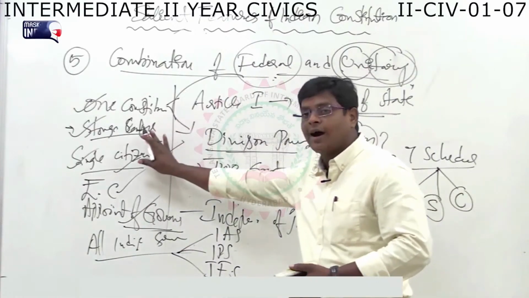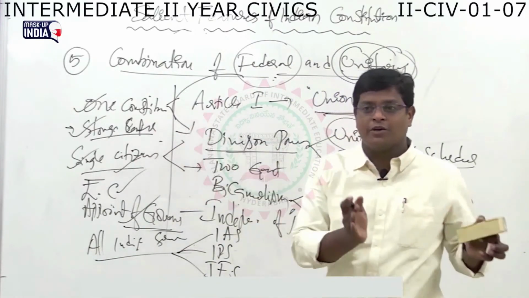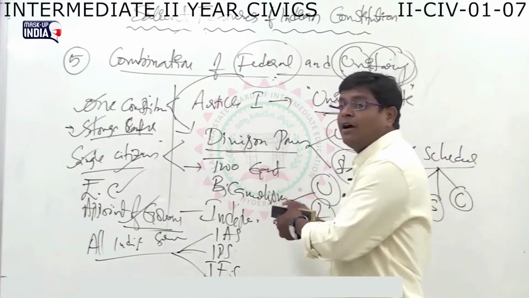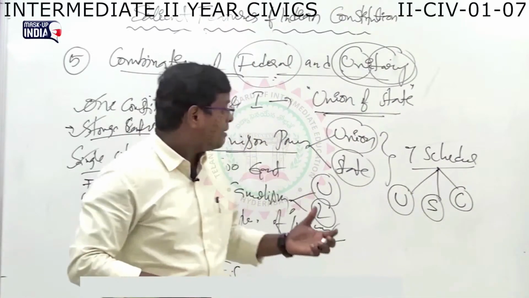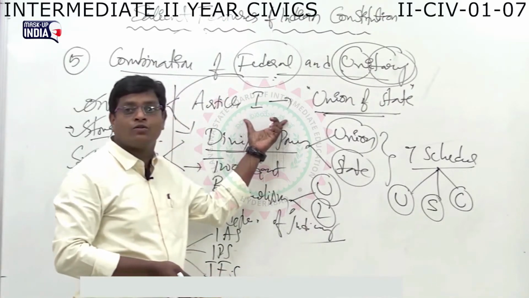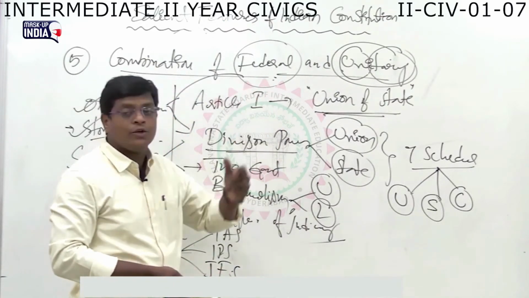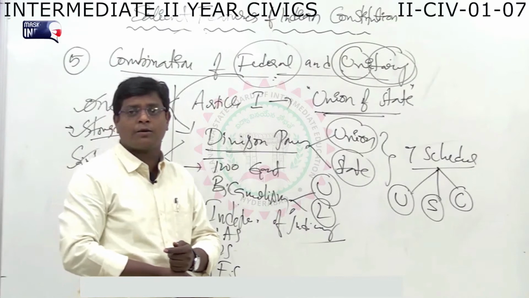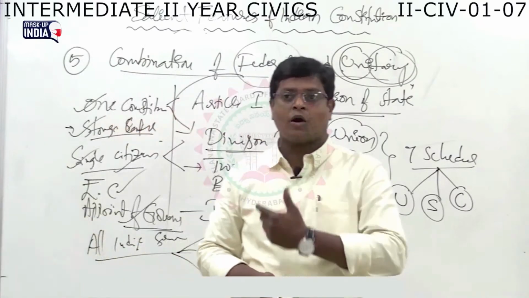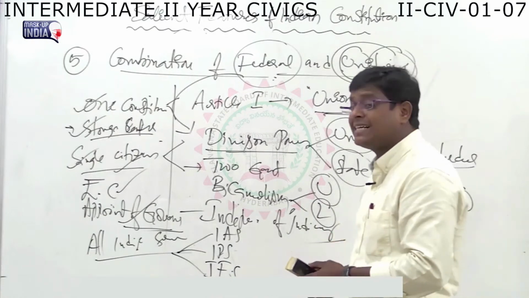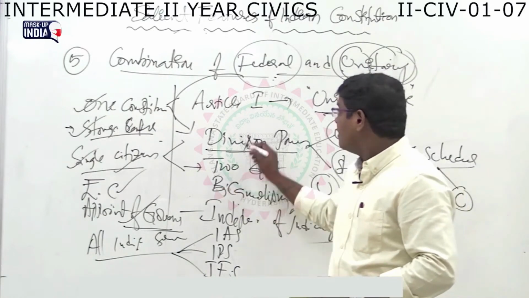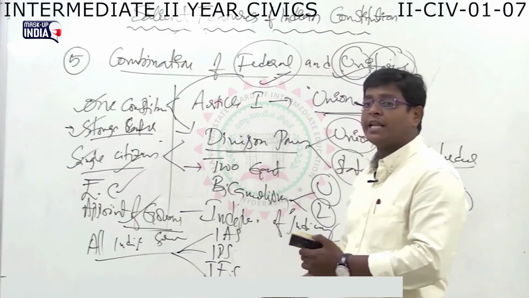That's why our Constitution of India consists of both unitary features as well as federal features. That's why you have to remember Ambedkar's statement regarding the federal and unitary form of government. Dr. B.R. Ambedkar, the father of the Indian Constitution and its chief architect, stated that India is federal as well as unitary government.